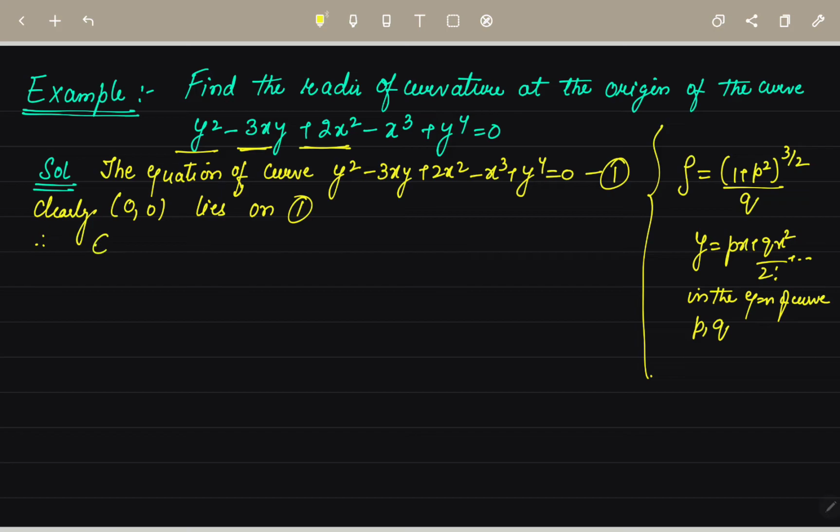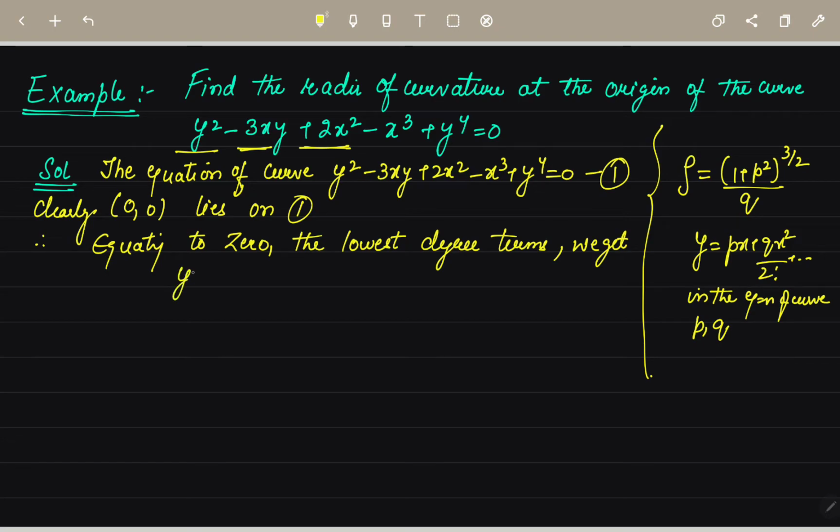So, equating to 0 the lowest degree terms, we get y square minus 3xy plus 2x square is equal to 0.